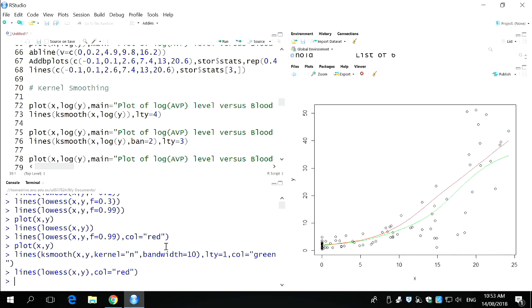The other thing about the LOS curve, which I haven't told you yet, is that it fits a local polynomial, but it actually doesn't use least squares. It uses a robust fitting method that is better at dealing with outliers. And so it's not going to tend to be as influenced by outliers as the normal curve.